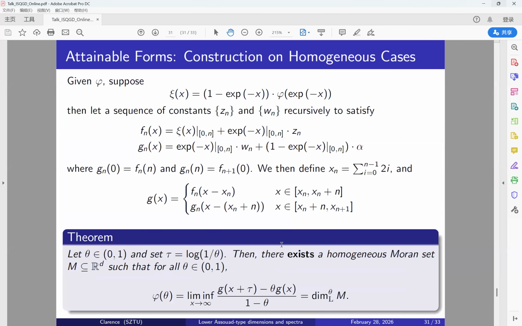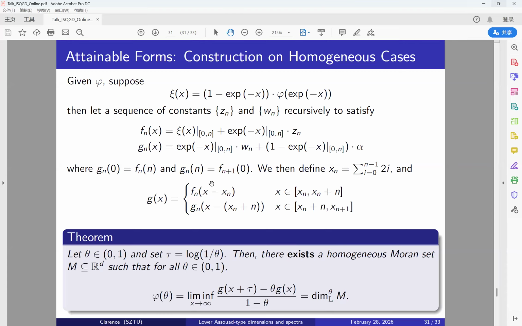The answer for homogeneous sets is yes. Here, just to simplify the construction of the function, from 0, 1 by the exponential function, we take it from 0 to infinity, and then we construct this function like this.